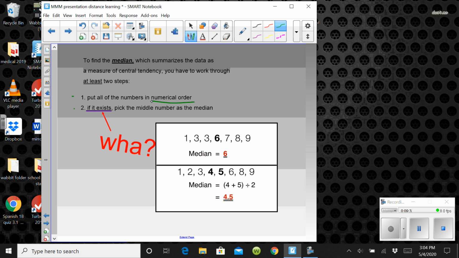If it exists. And they're like, what? What does that mean? Well, if there's an even number of values like this, the median is going to fall halfway in between 4 and 5. So you add them up and divide by 2 to get the average. So it's kind of weird. Sometimes to calculate the median, you have to find the mean of the two middle numbers.